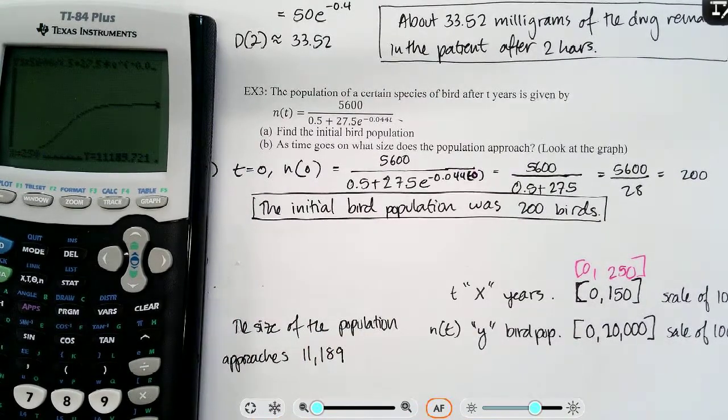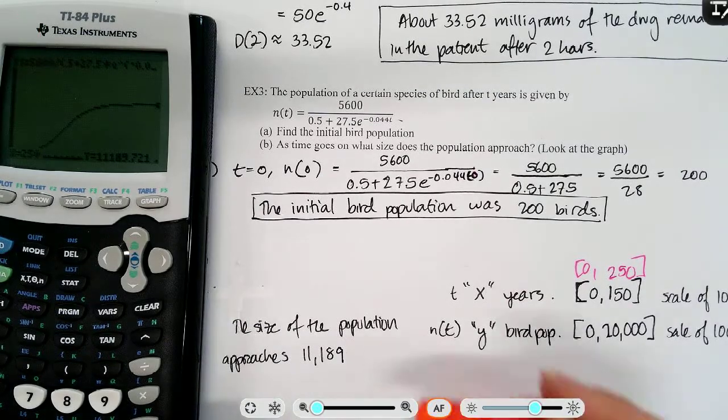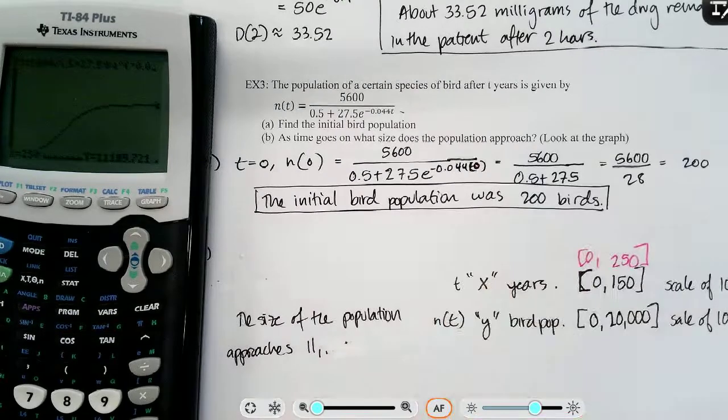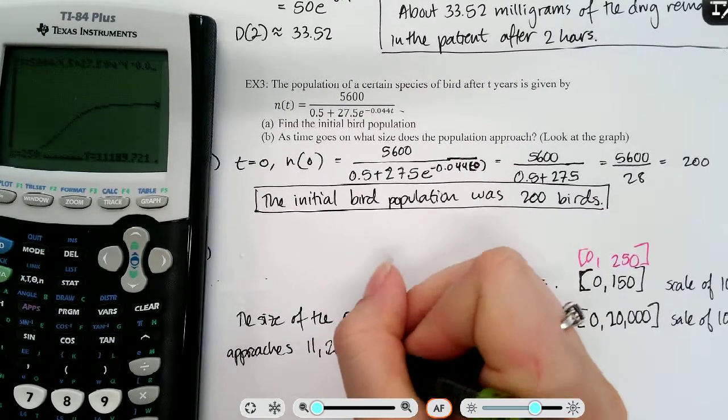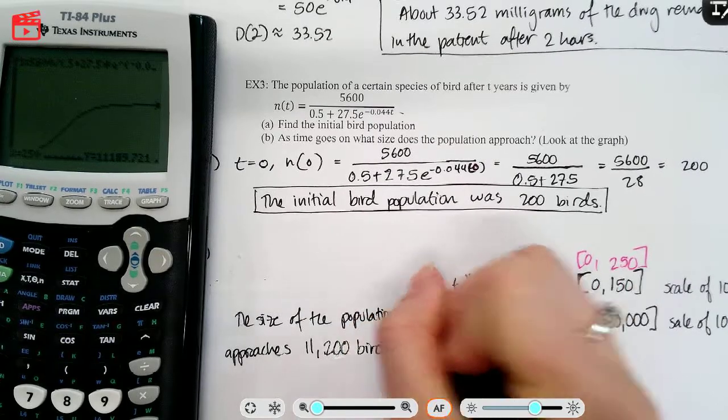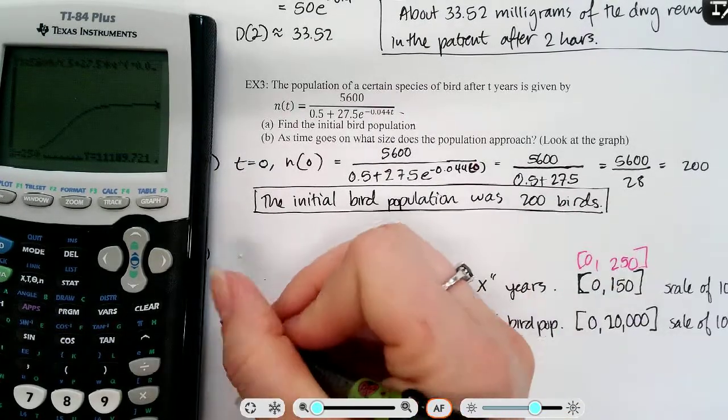Actually, you know what? I said I was going to round this up, so it depends on how they want you to show your answer, but we're just going to round up to 11,200 birds. That's the value it approaches.